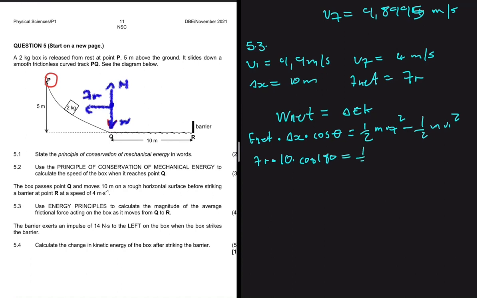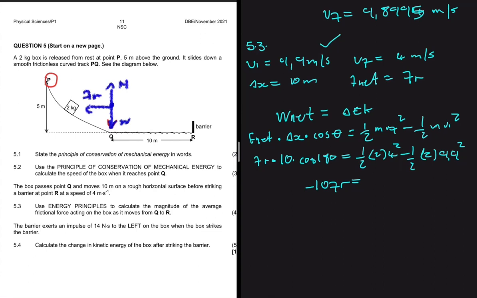And then we have a half, the mass is 2 kgs, and then VF, we're given VF, 4 meters per second. So we have 4 squared and then minus a half, the mass is 2 kgs, and now VI, we've already established that it's 9.9. So we're gonna have 9.9 squared. On the left hand side, we're gonna have minus 10 frictional force, and now all we need to do is just solve the right hand side, and we are essentially done with the equation.